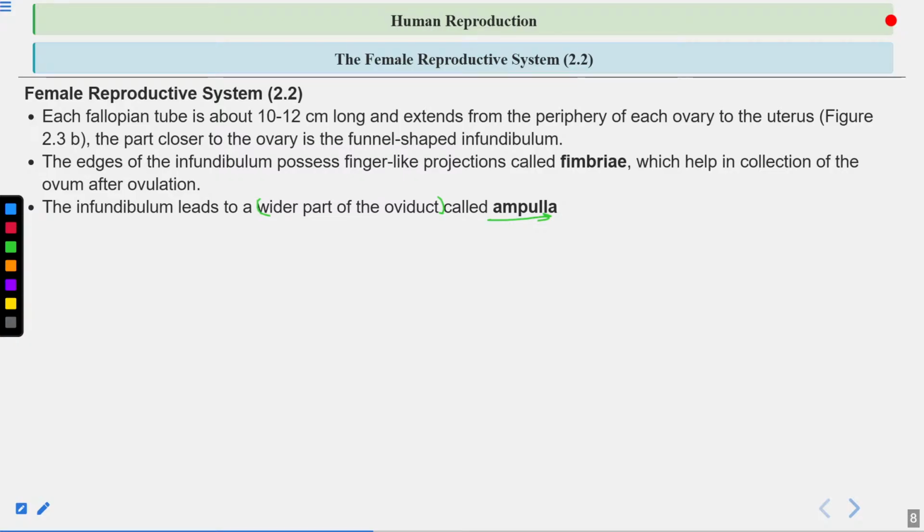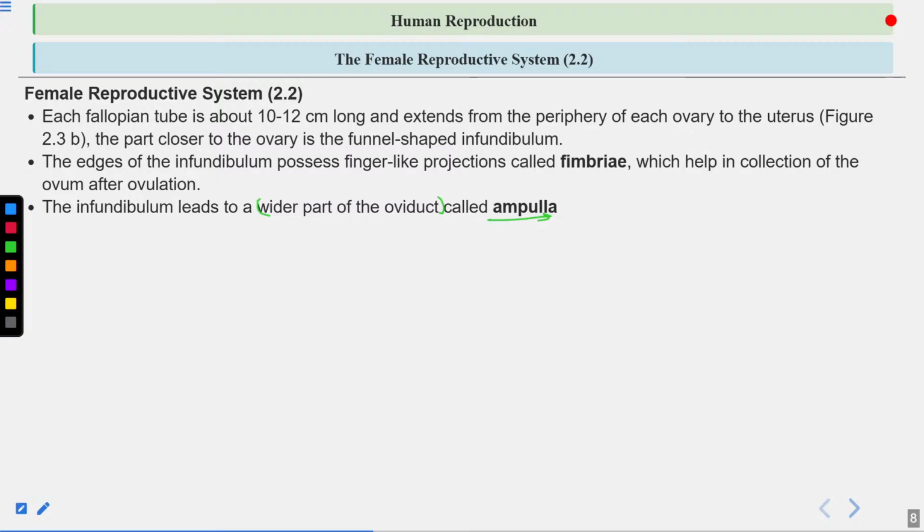Remember this. The question can come from here. Do all coitus lead to pregnancy? Not all coitus leads to pregnancy because the sperm and the egg must be present simultaneously in the same region, the ampullary region, for fertilization to occur.